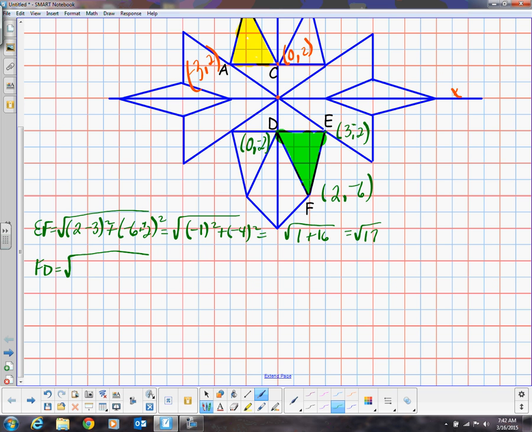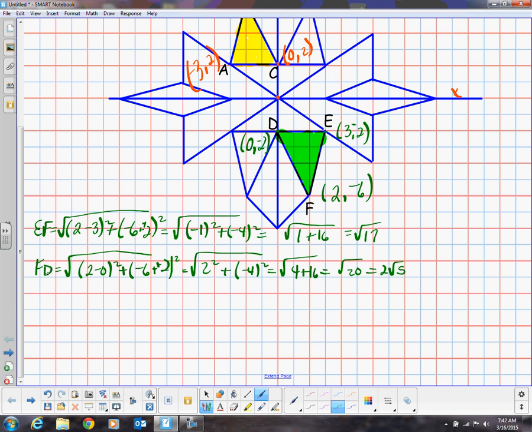FD is equal to the square root of (2 minus 0) squared plus (negative 6 minus negative 2) squared. So that's going to be 2 squared plus negative 4 squared, which is going to be 4 plus 16, which is the square root of 20, which is 2 square root of 5.